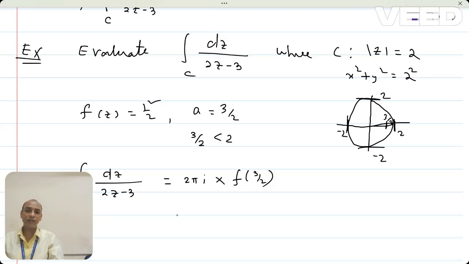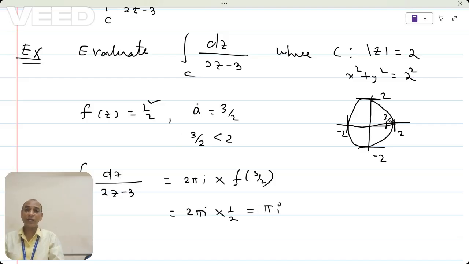So 2 pi i into f of a, which is half, finally gives pi i.